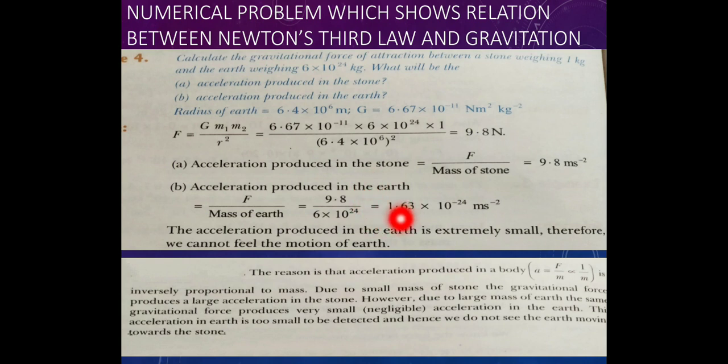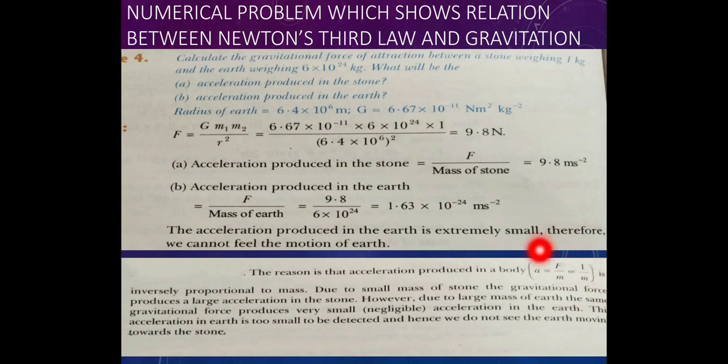Now, students, you will remember that I have told you that we cannot see the objects moving towards each other in our daily life, because the mass is less. So you understand the relation now. Okay, the reason is that the acceleration produced in a body, you know this is the formula, A is equal to F upon m. So acceleration is inversely proportional to mass.